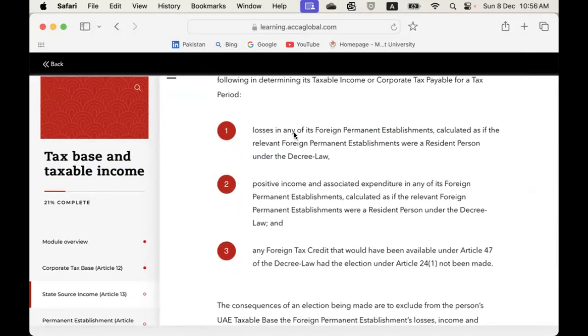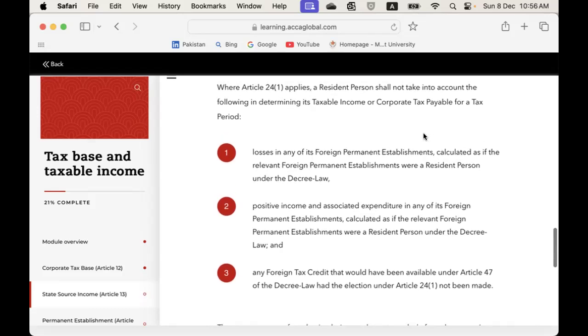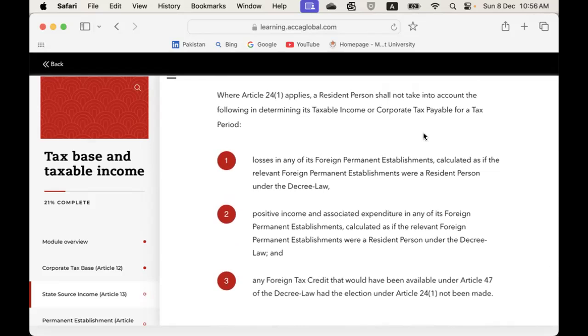Losses in any of the foreign permanent establishments, because you're taking the exemption, you're not including the Omani things in your UAE books, right? So you will also not take the losses calculated as if the relevant foreign permanent establishment were a resident person under the decree law.